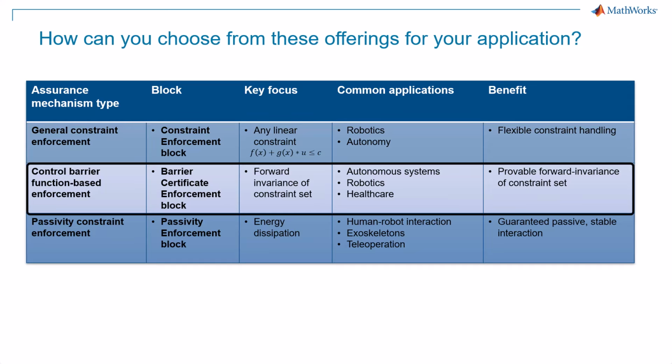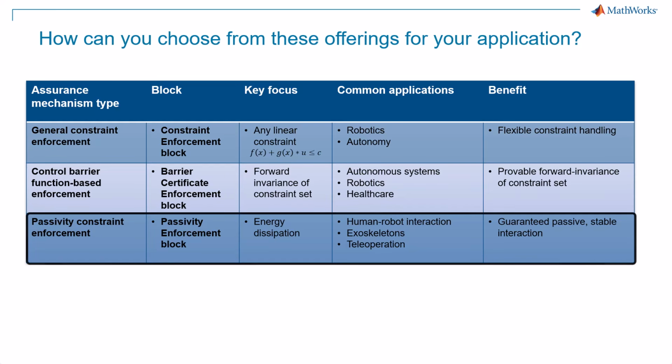You can use the control barrier function based barrier certificate enforcement block when you need to keep the system states within an invariant set throughout the operation of the system, which is quite common in automotive, robotics, and healthcare applications. Lastly, the passivity enforcement block is useful when energy-based stability is critical, such as in human-robot interaction applications like exoskeletons or teleoperation.